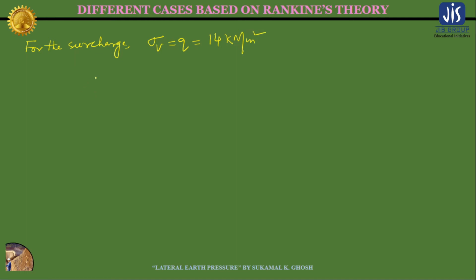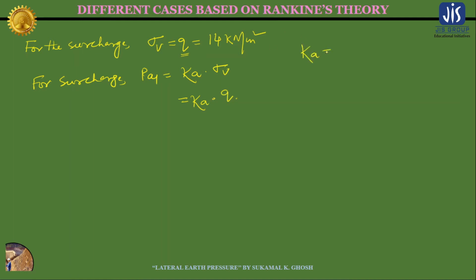So for the surcharge, the active earth pressure will be PA1 is equals to Ka into sigma V. Here the sigma V is nothing but the Q, right? So Ka into Q. Okay. Now what is the value of this Ka?